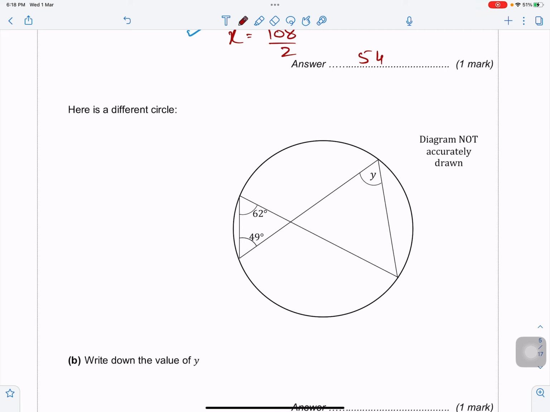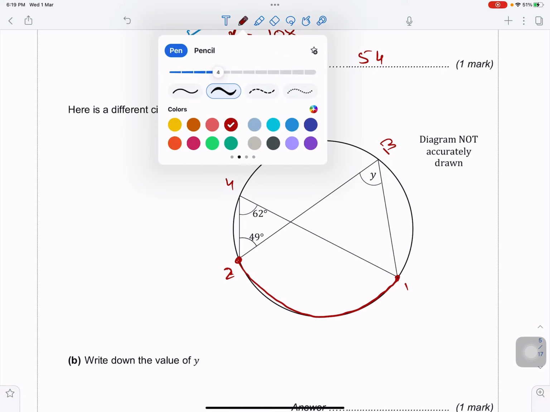See this one. What is the value of y here? Can you think of it? Again, look at this arc length. Let me call its ends 1 and 2. They are making 2 angles at the circumference, one here and one here, with straight lines.